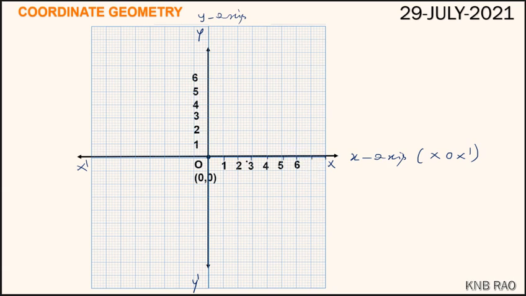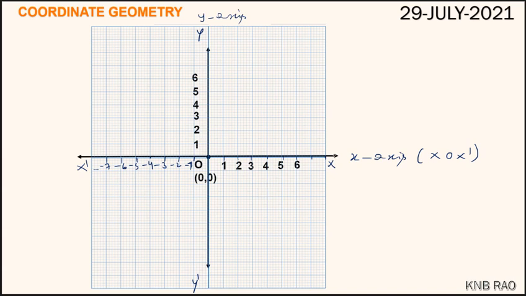And what about the other direction, in the OX dash direction? In the OX dash direction, we will get negative numbers minus 1, minus 2, minus 3, minus 4, minus 5, minus 6, minus 7, and so on.